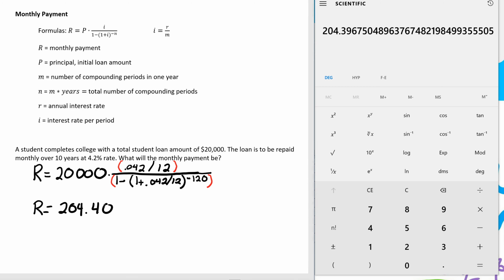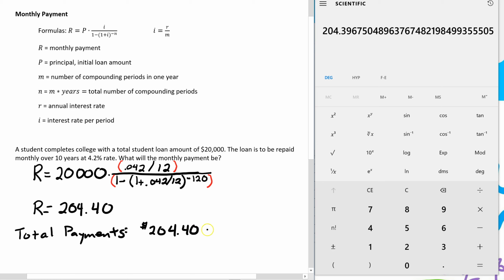Now, if we also wanted to know what the total payments were, we would take the $204.40, multiply it by 12 months, since there are 12 monthly payments, and multiply that by 10 years, or essentially multiply it by 120, which was our exponent.